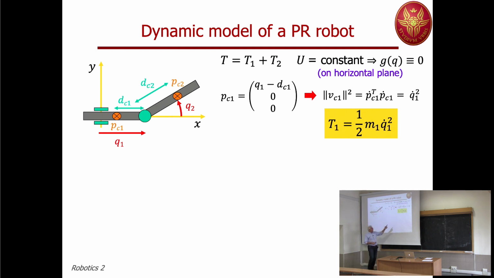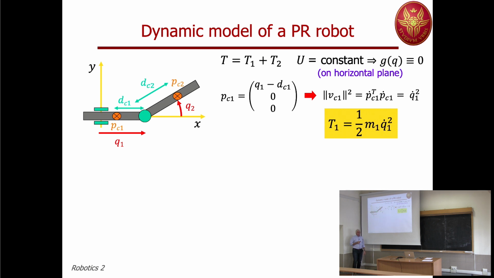The only term which is relevant is the first contribution in the Koenig theorem, so the kinetic energy due to the translatory motion of link 1, so 1/2 m1 norm of VC1 squared, so VC1 transpose times VC1. So this is very easy. It's just a mass. The fact that it's distributed on a link is not relevant because this link only translates along the joint axis. So the kinetic energy is just this one.